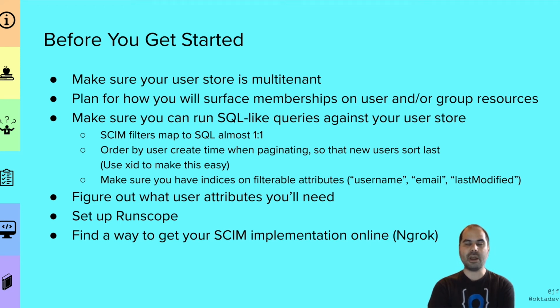It's up to you how that gets paginated. What you do want to do, though, is return all of that user information or group information in terms of time created, so that if it's taking minutes or hours to synchronize all that information, by the time you get to the very end of those lists of objects, the ones that have been added recently will be there in those last few results.